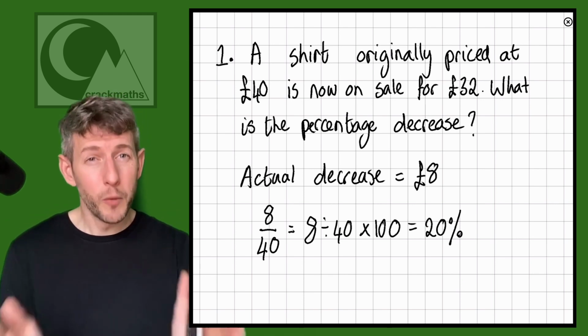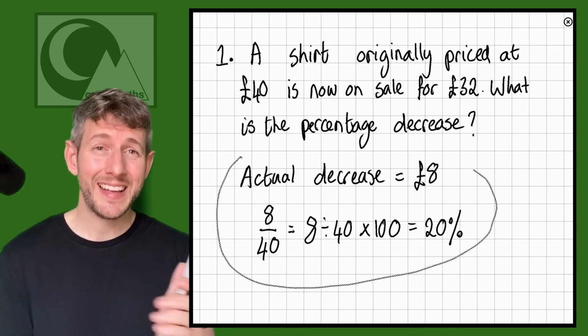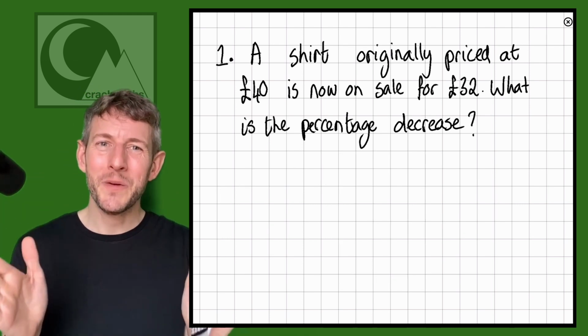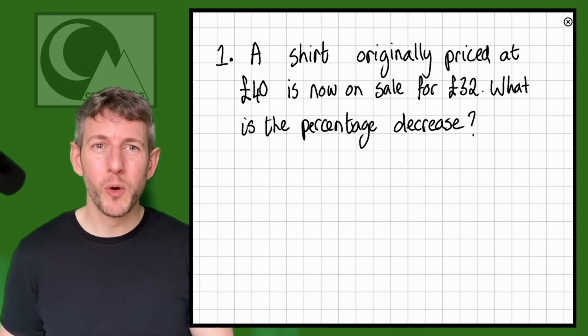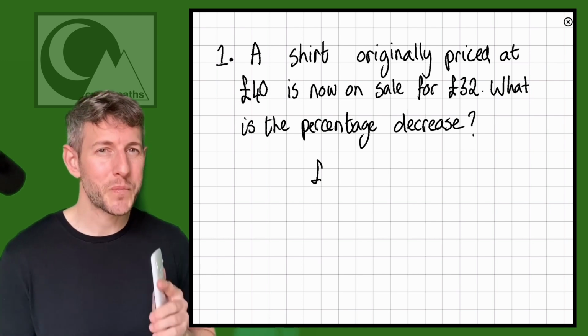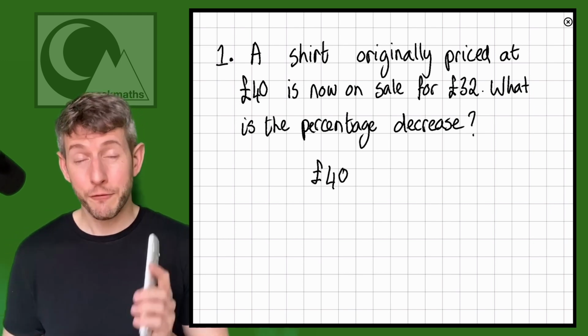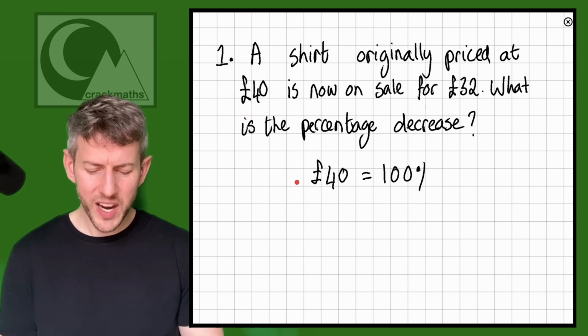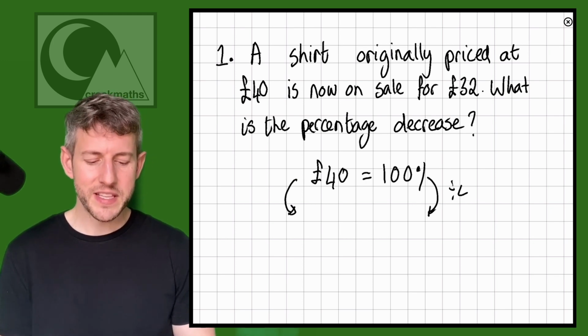Actually, I'm also going to do this with direct proportion. If you don't want to stick around, that's fine. But here we go. Let's look at it again using direct proportion. So with direct proportion, I can see that £40 is our 100%. 100 divided by 40 gives us the value of 1.